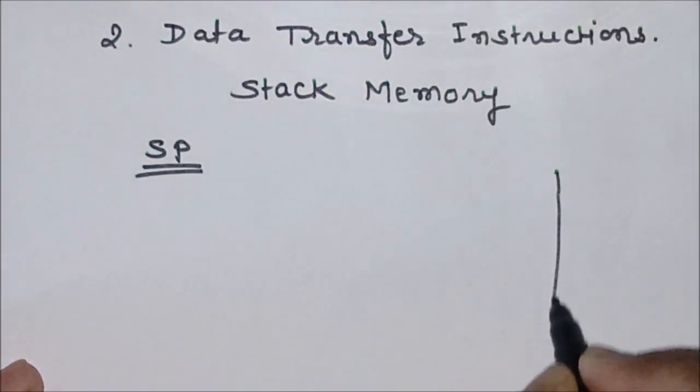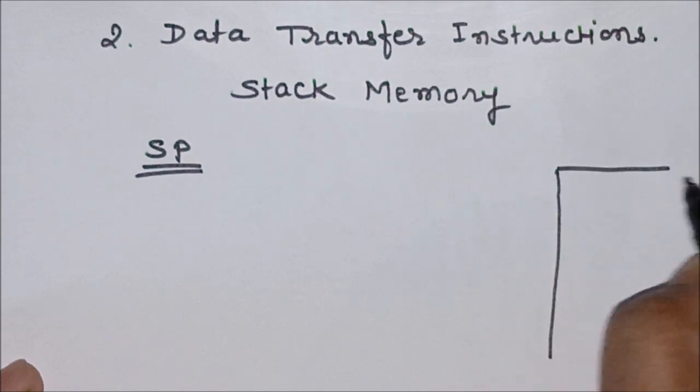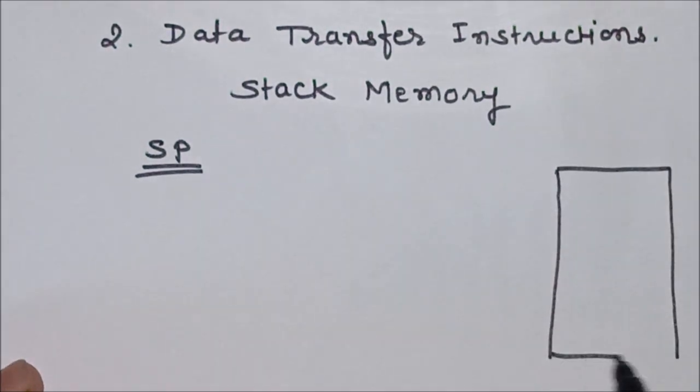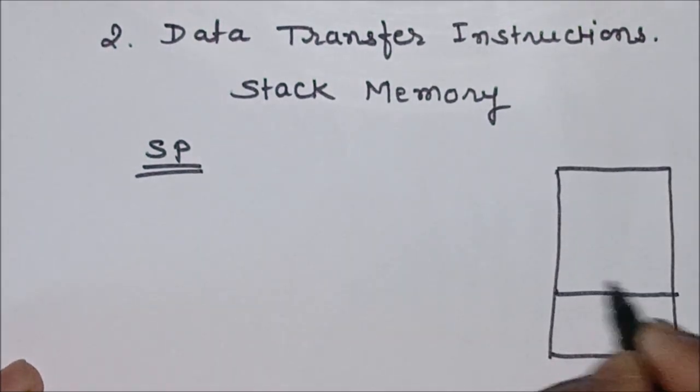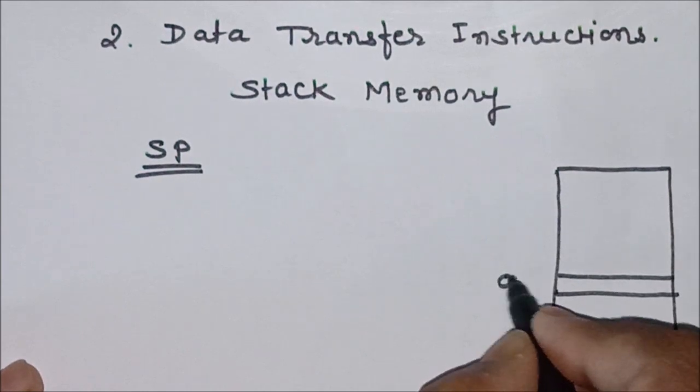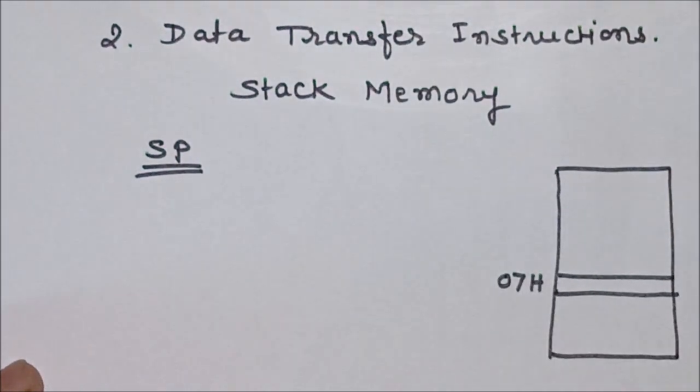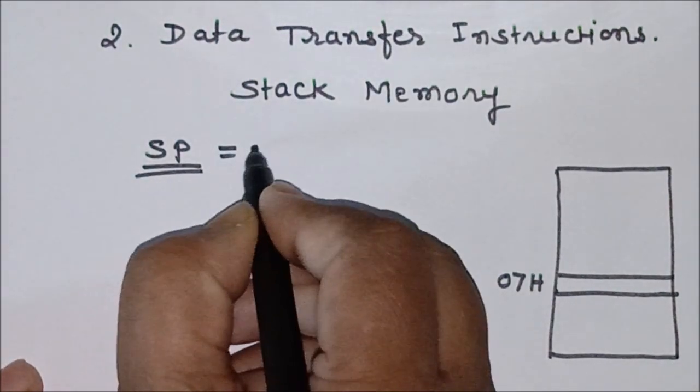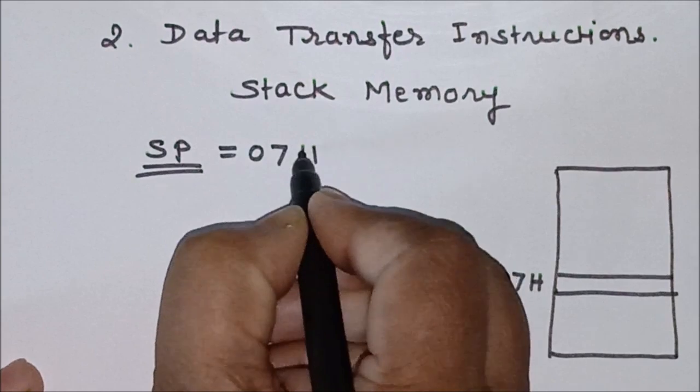Stack is the internal memory area, internal RAM area, and by default the stack pointer is pointing to address 07H. So when we reset a microcontroller or turn it on, 07H is stored in the stack pointer register.